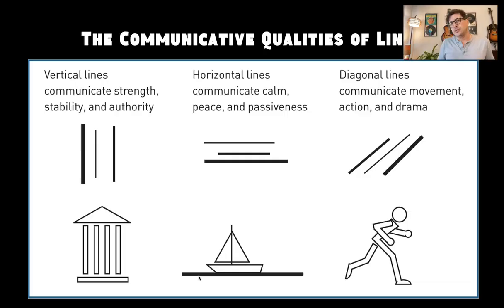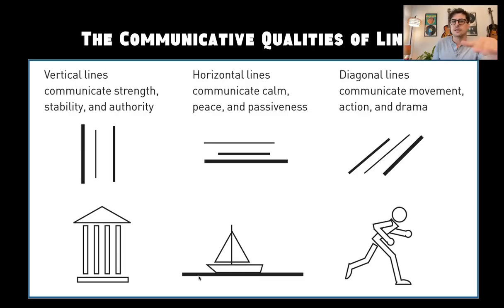And then diagonals can communicate movement, action, and drama, right? Leaning forward, tilting back. We're going to see some artwork where diagonal lines are creating very dramatic settings. Horizontal, and by all means, do not assume that these are hard and fast rules.